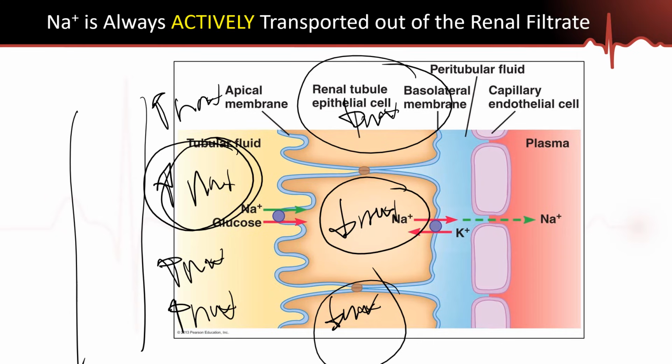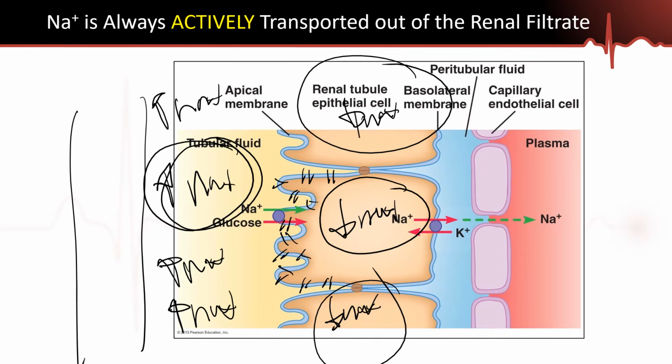So then you say, well, what must be embedded into the plasma membrane of this epithelial cell? And this is true for all of them in the proximal convoluted tubule: sodium leak channels. Sodium leak channels exist specifically on the apical plasma membrane of these cuboidal epithelial cells, the portion of the plasma membrane that faces the lumen.